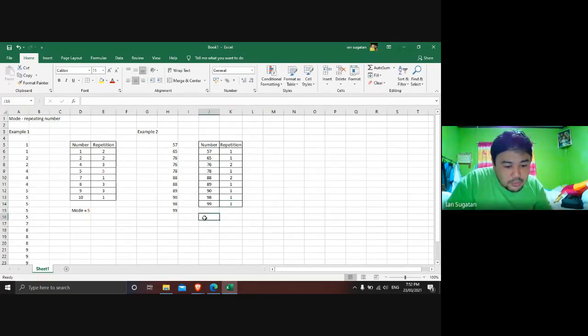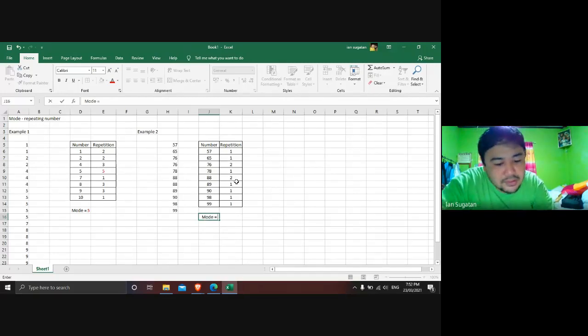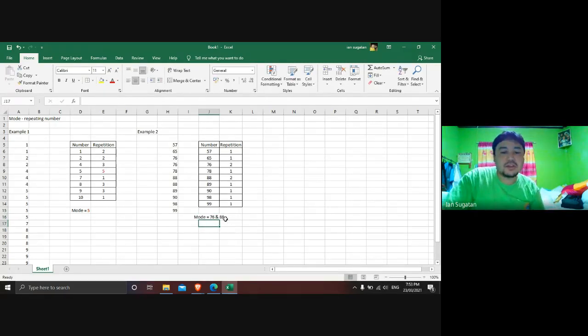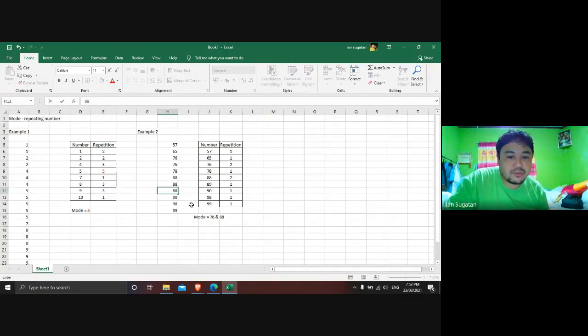So the mode will be, since we have 2 2s, which is 76 and 88. Because the values are both two, so the answer is tied. But once one is added, for example, instead of 89 there is another 88.